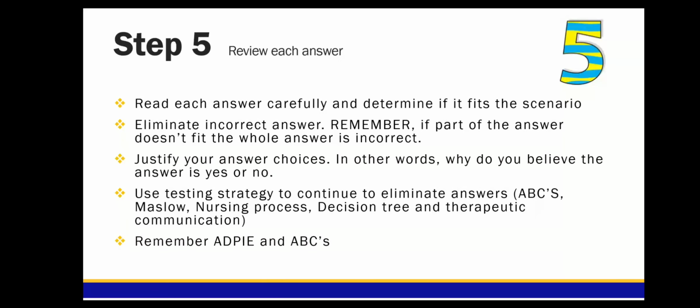These testing strategies help you look at the answer choices, and if you get stuck between two answers, you can use them to identify the correct answer. So a really key, important part of step number 5 is to apply the appropriate decision tree strategy. Remember your ADPIE and your ABCs, what they mean. Assessment must always come first.